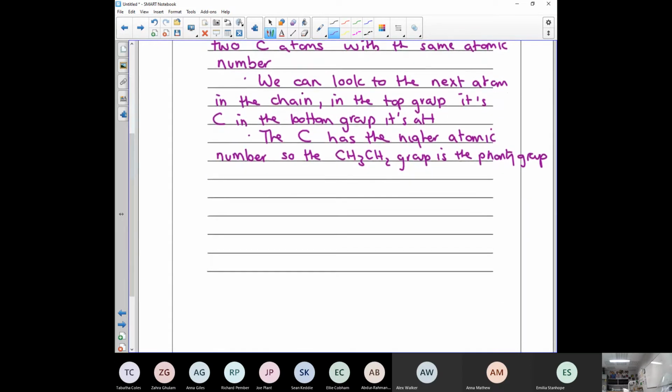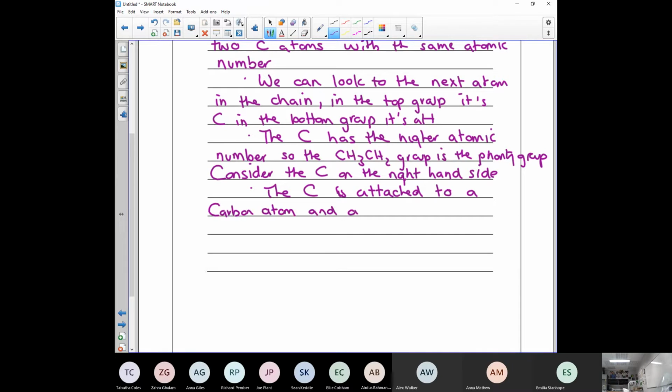So if I want to write that out, we need to consider the carbon on the right hand side, and the carbon is attached to a carbon atom and a hydrogen atom.